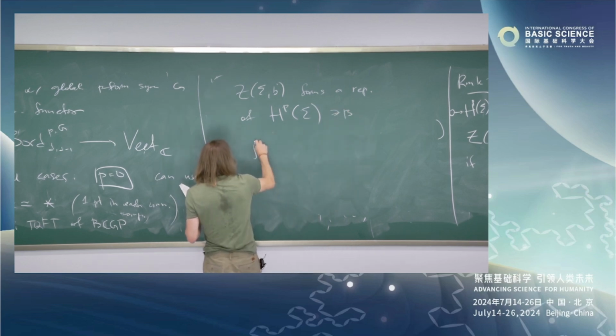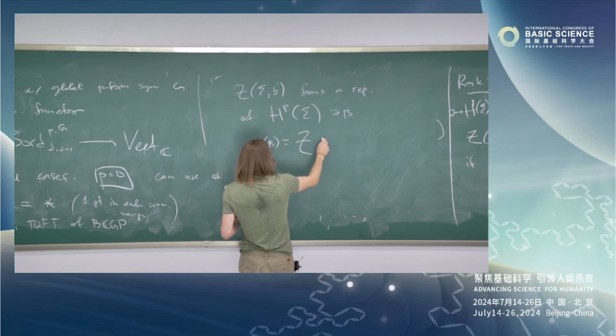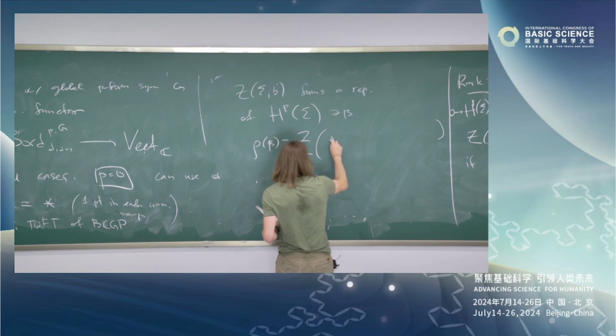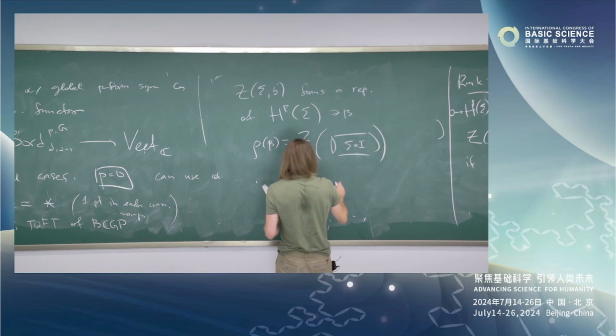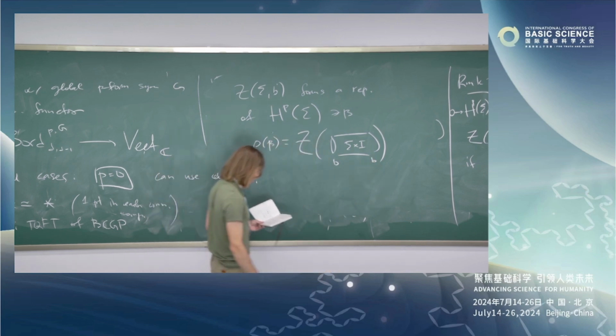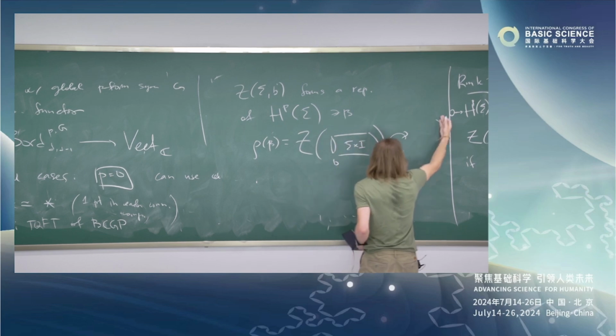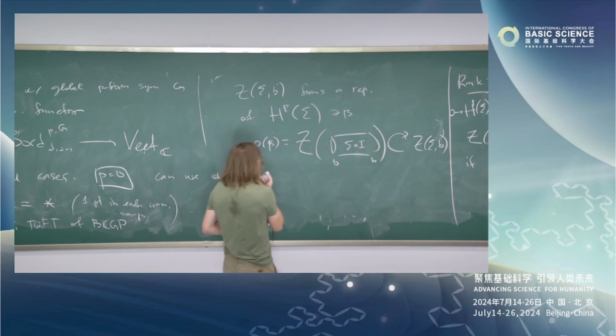Briefly speaking, this rho_beta, the representation, can be defined by the value of the cylinder where we have the same boundary conditions. That's why it defines an endomorphism of the vector space.